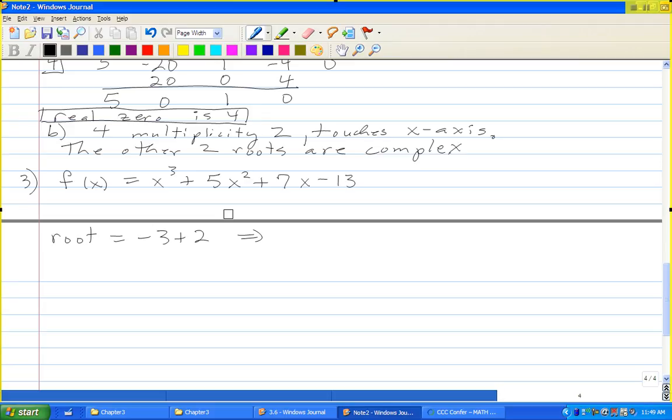But since all the coefficients of this polynomial are real, another root must be its complex conjugate, because they come in conjugate pairs. Okay, so let's look at x minus the root negative 3 plus 2i and x minus negative 3 minus 2i.